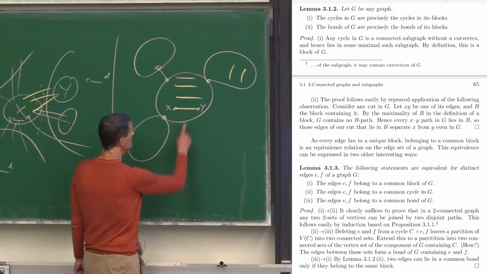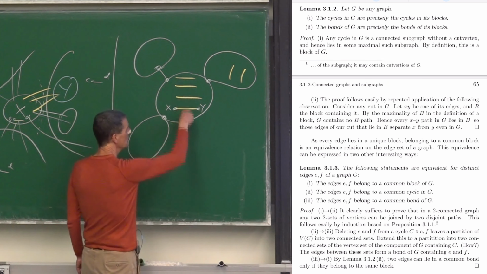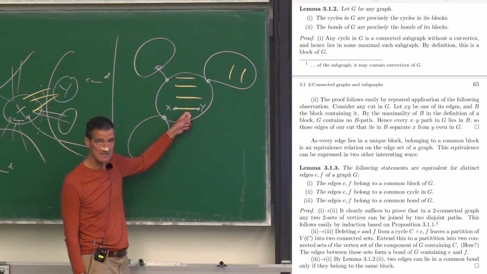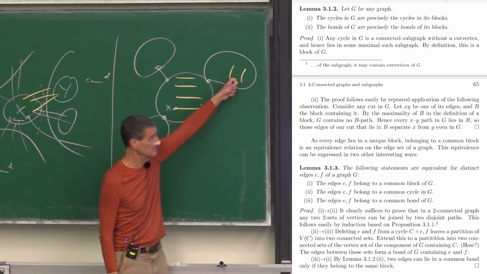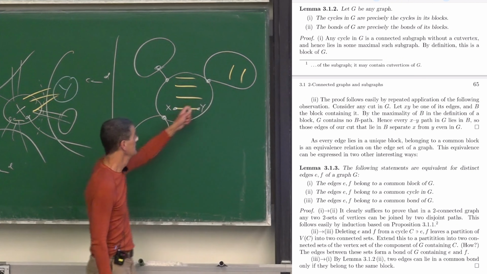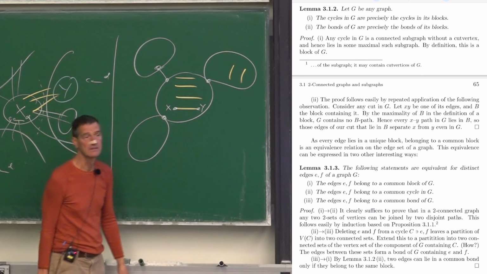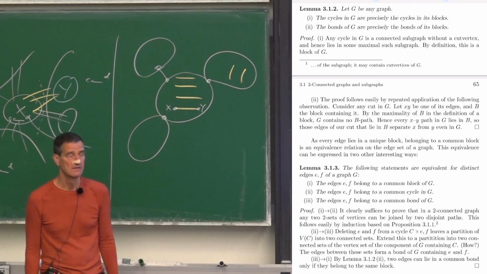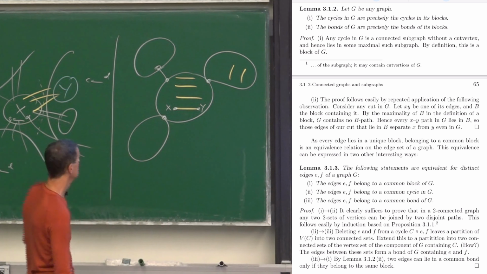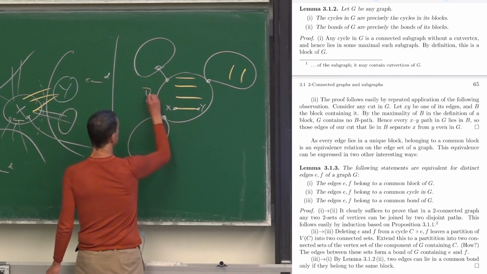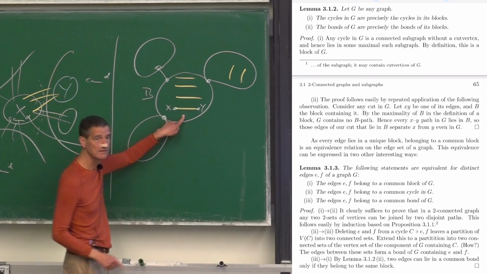Now, the edges of our bond that happen to lie in this block, these yellow edges, but not those, these yellow edges, I claim, separate x and y not only in the block B in which they lie.